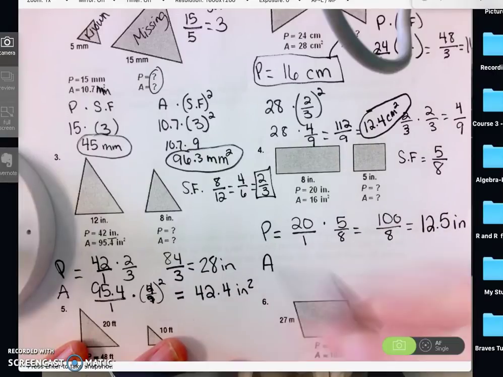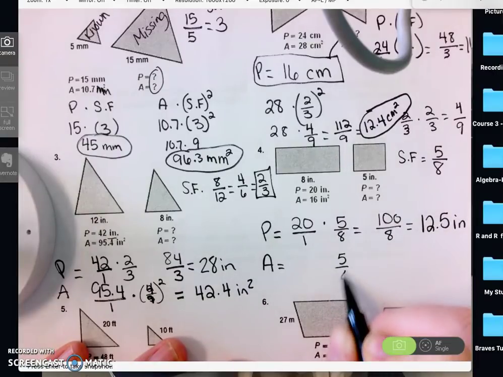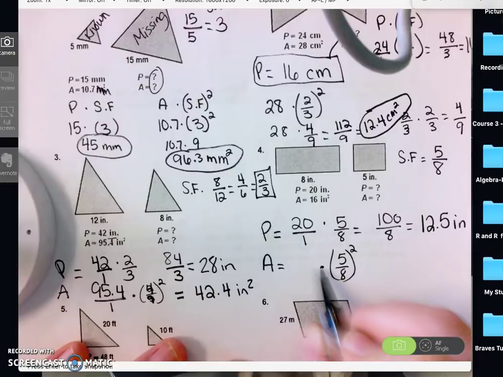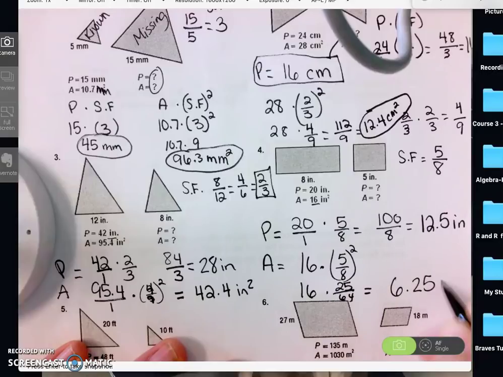And then the area, I have to square that 5/8 and then multiply it by my area of 16. So this becomes 25/64 multiplied by 16. And that gets me 6.25 square inches.